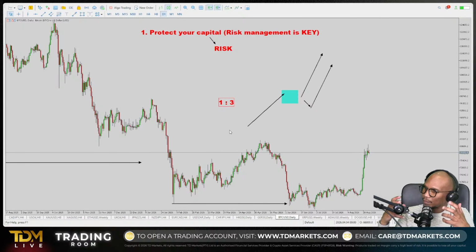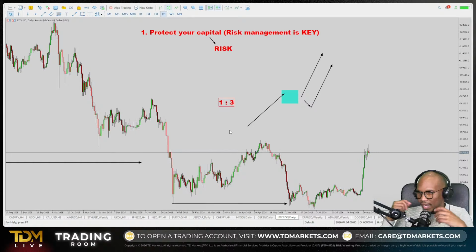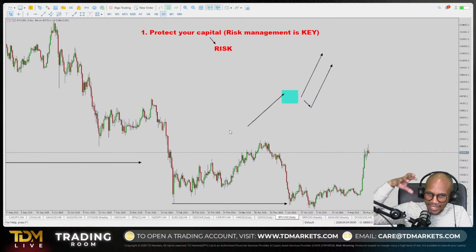So we need to have the discipline, depending on your trading plan and your risk to reward, to only take whatever your risk to reward ratio is. We need to develop that discipline. And it goes with being comfortable with the setup. There's nothing wrong with the 1 to 2 or the 1 to 1, because it all needs to be part of your trading plan.